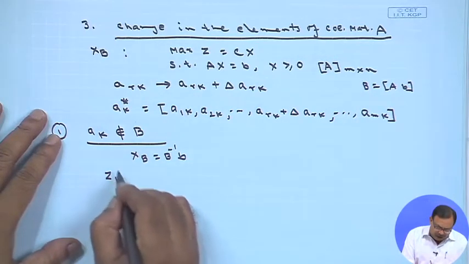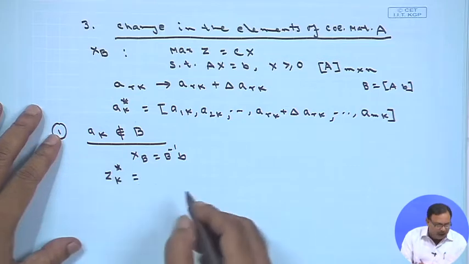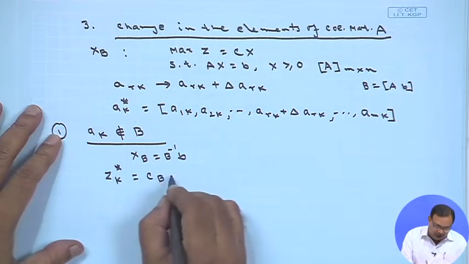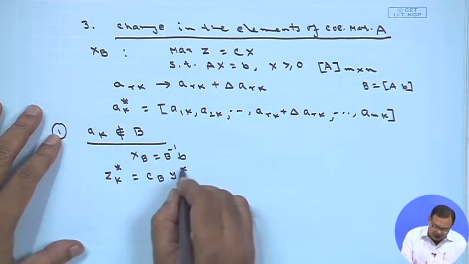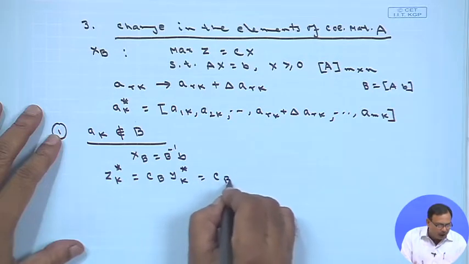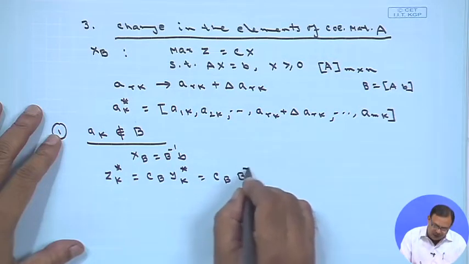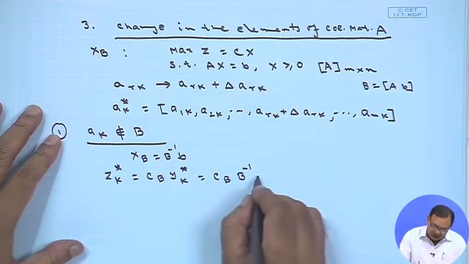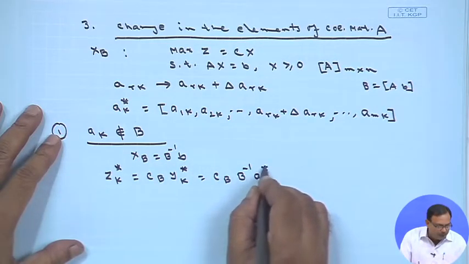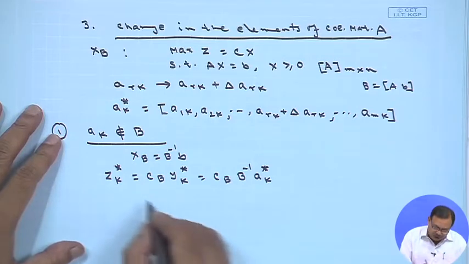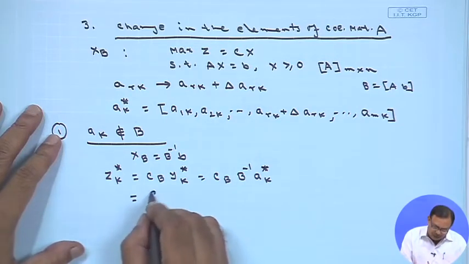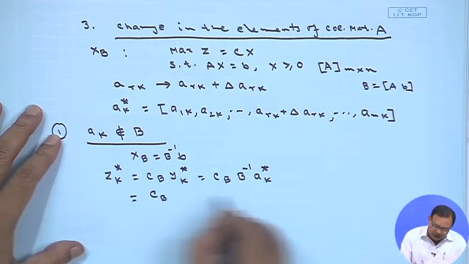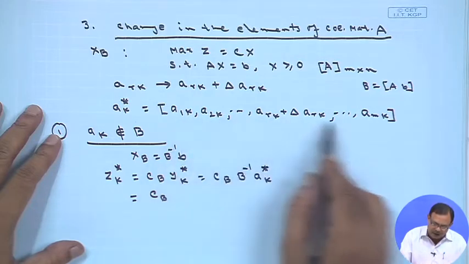Now, let us see z k star. What is z k star? z k star is C B into y k star, and y k star is nothing but B inverse into A k star. So, I can write C B B inverse A k star.